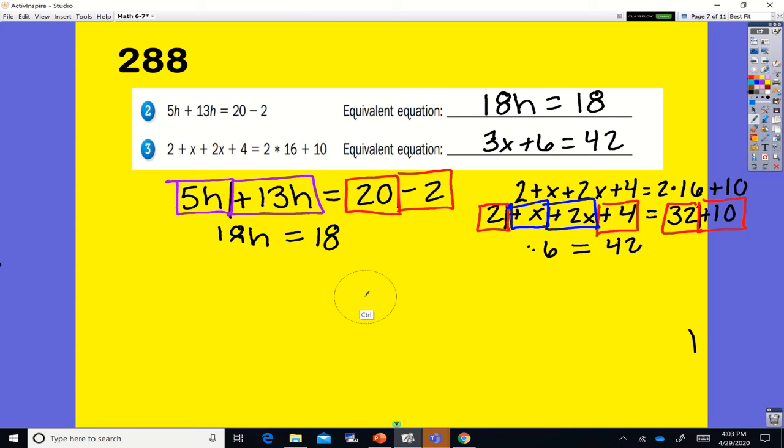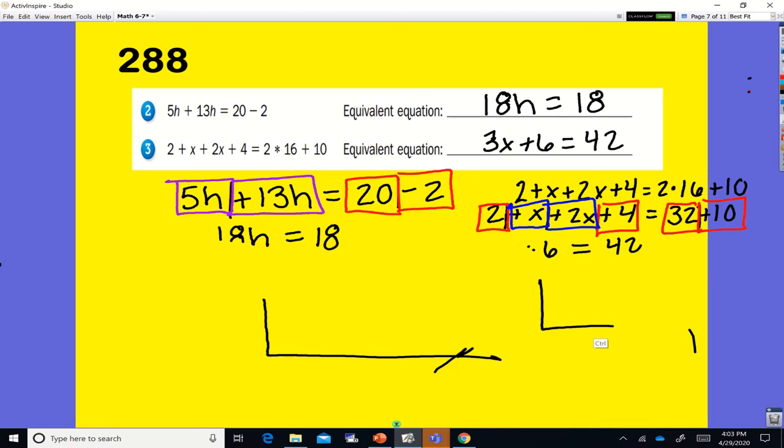Now doing our balance method, ooh, I made that really big. Oops, sorry. Okay, I don't know why that's not erasing for me. So we have 3 x's. I'm going to write my 3 x's right away. And then I have 6 here. And then we have this all equal to 42.